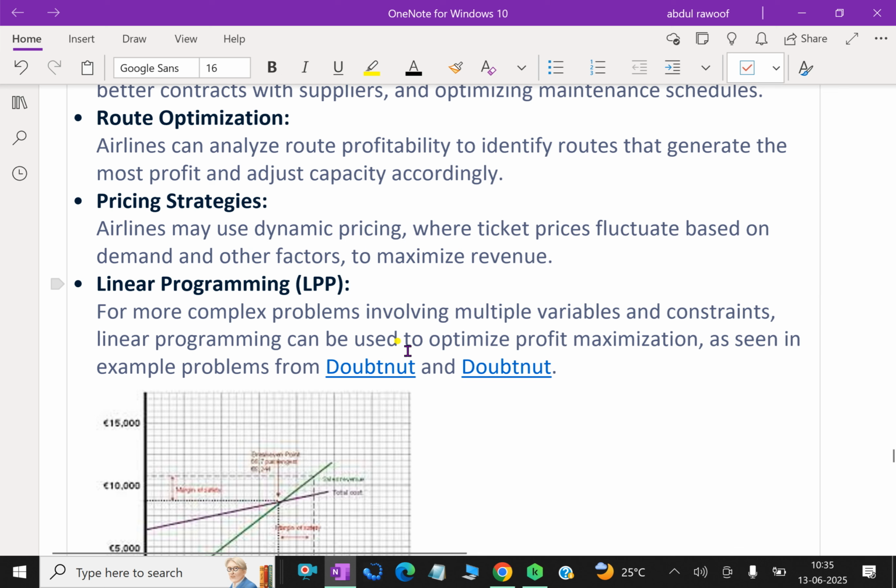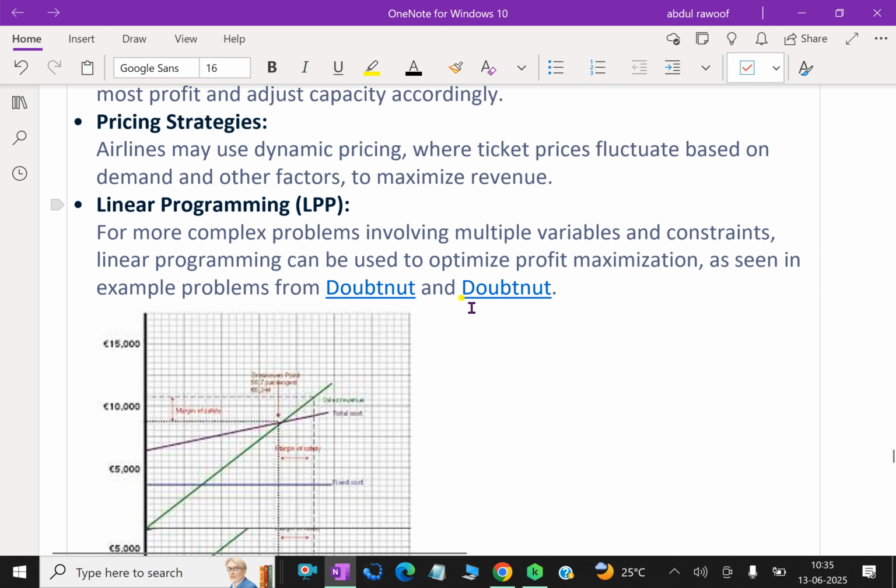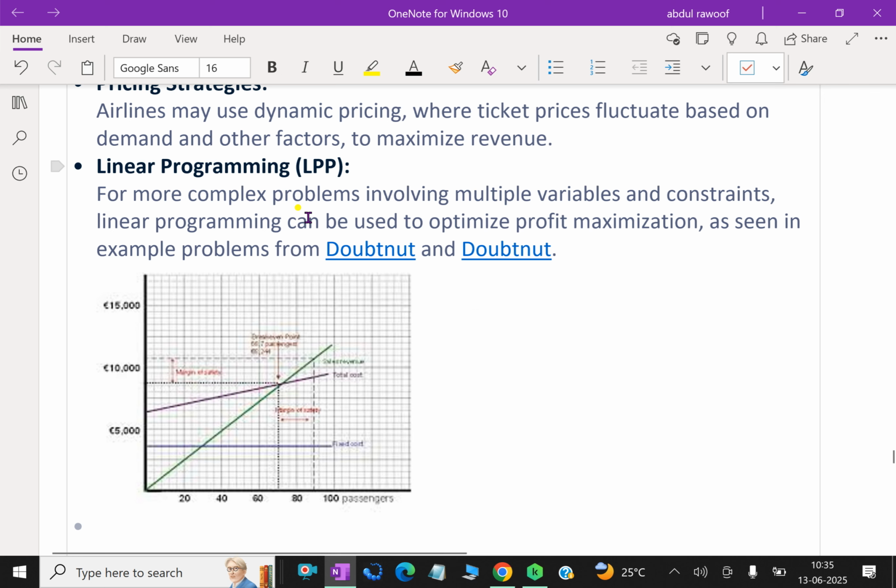Linear programming. This is a mathematical method to solve problems. For more complex problems involving multiple variables and constraints, linear programming can be used to optimize profit maximization. Look at this optimization graph to optimize the profit.